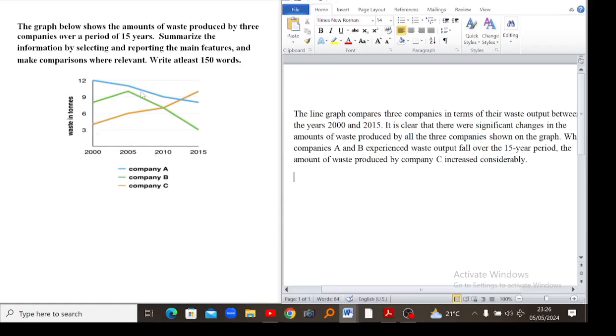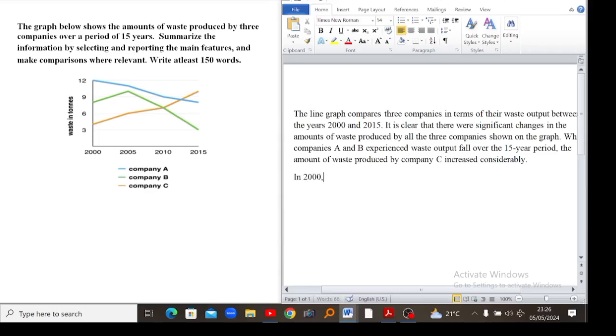Then from 2005 to 2015, how was the trend? While comparing each and everything, and following this, just at least 150 words. You don't need to waste time, because here we only have 20 minutes and it carries a third of the paper. So let's get started.